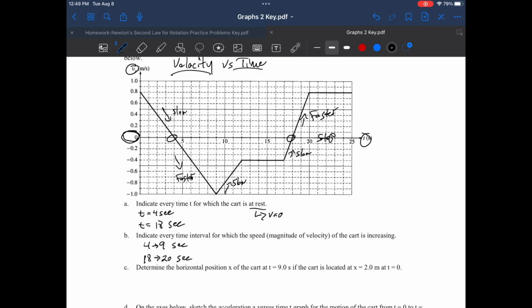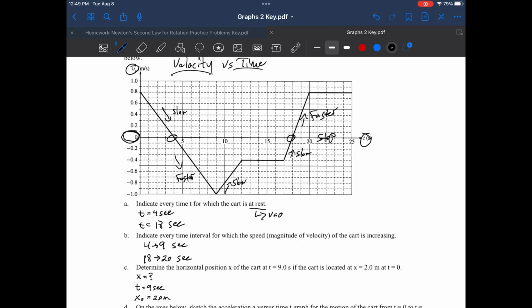Determine the horizontal position x of the cart at 9 seconds if the cart is located at 2 meters at time equals 0. I'm going to start by listing everything that I know and what it's asking me for. It's asking me for the position, so the position is my question mark. My time is 9 seconds, and my x naught, my initial position, is 2 meters.